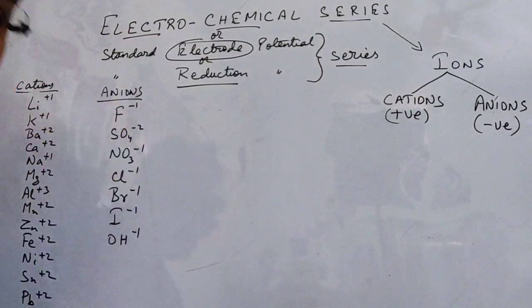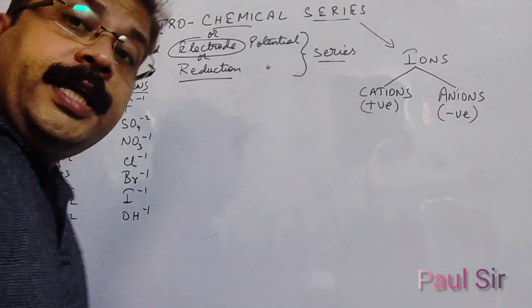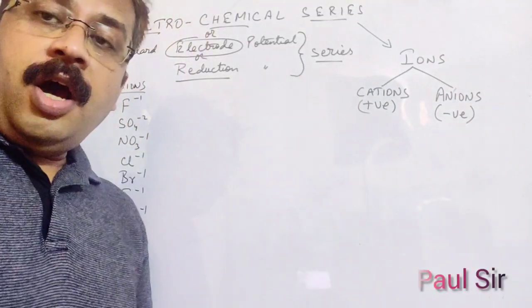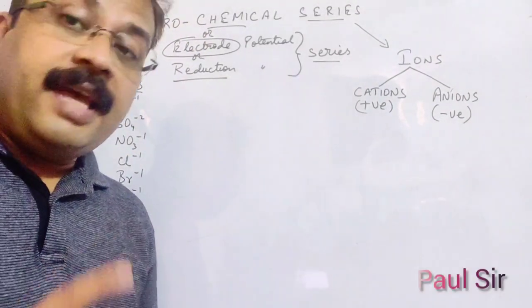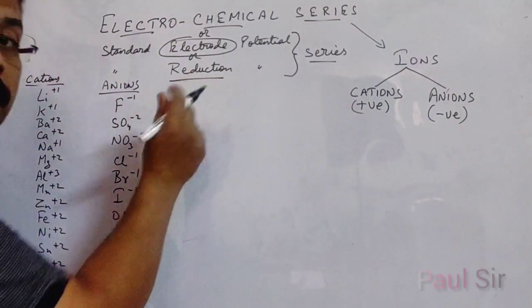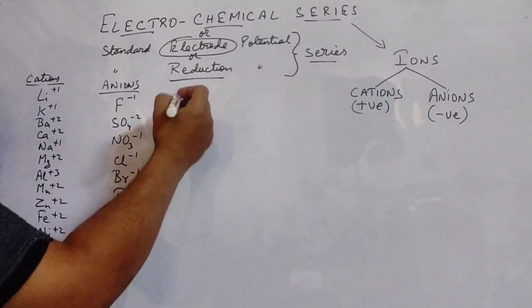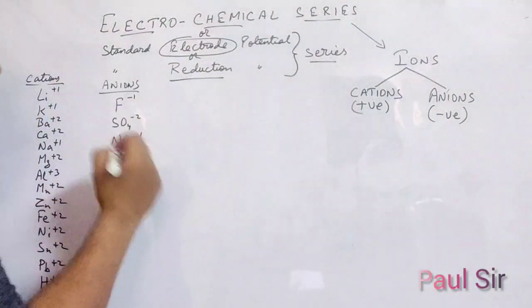That we can determine on the basis of this series. On the other hand, we can say how much strength an ion shows at the respective electrode in order to get discharged.